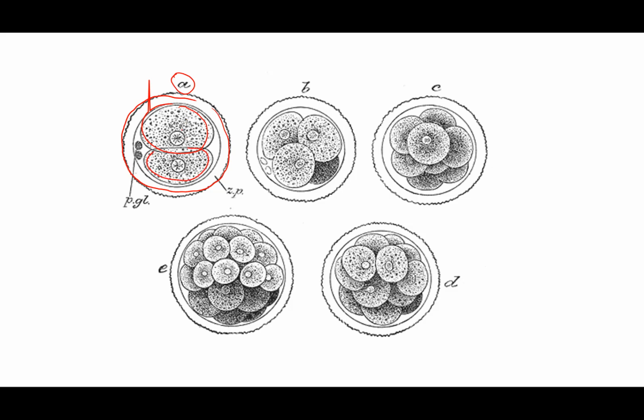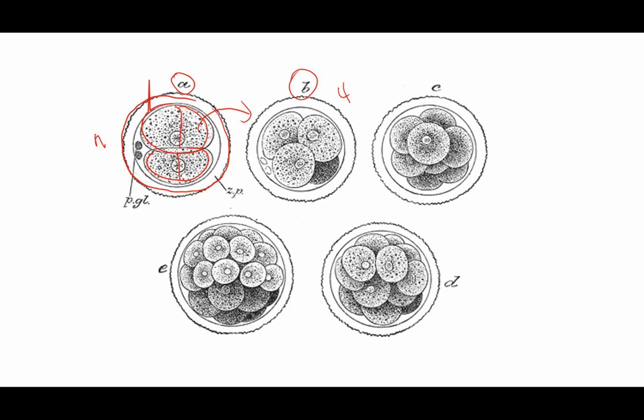Those 2 cells will divide at the same time and will cut in half, both of them, to lead to part B here. So you see the embryo started at 2 cells right here, and now it ends up at 4 cells. After one cycle of cell division, we end up with a 4-cell embryo.